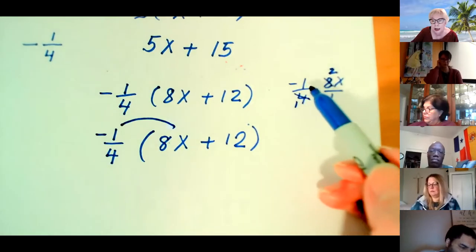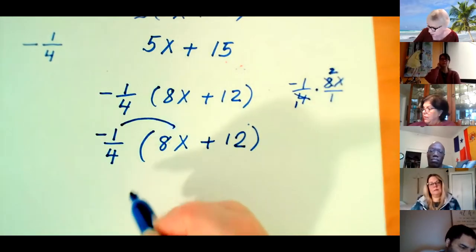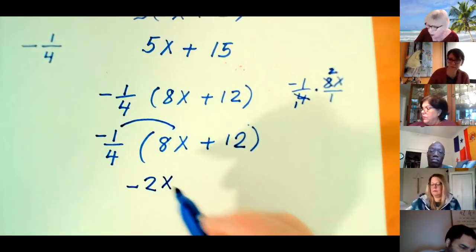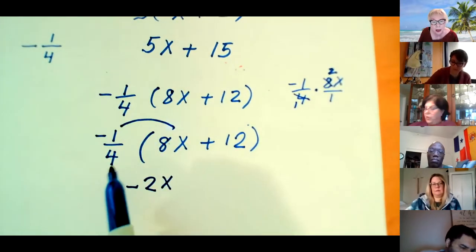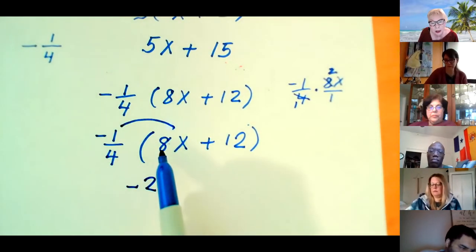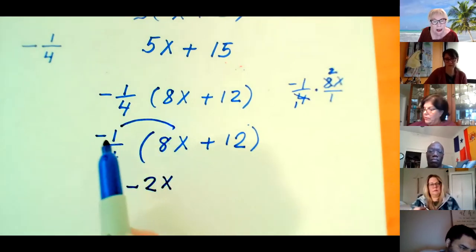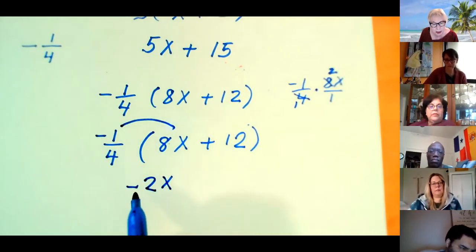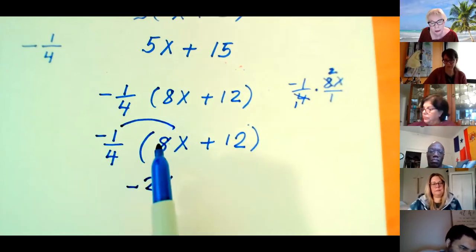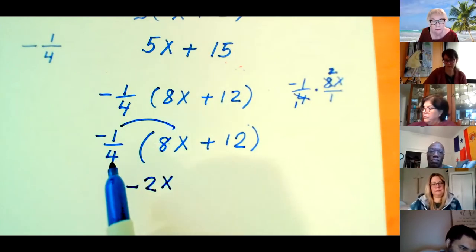So this is negative 1 times 2x, negative 2x. So you work the numbers: negative a quarter times 8, and a negative times a positive is a negative, and a quarter times 8 is 2, and then there's just the x.